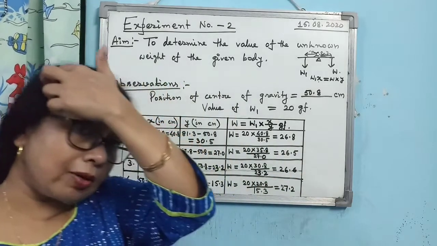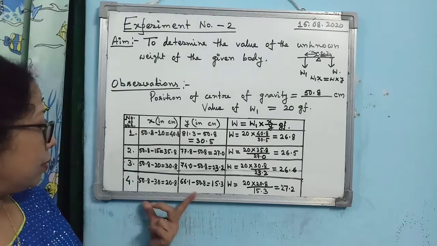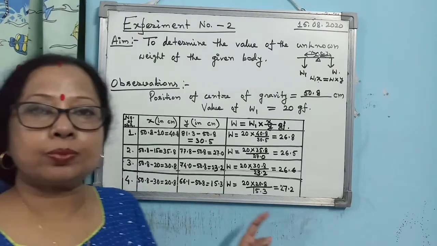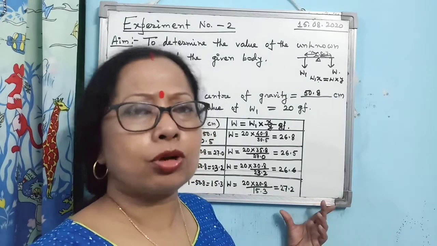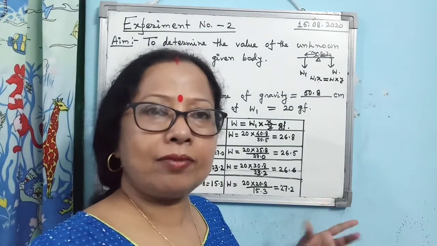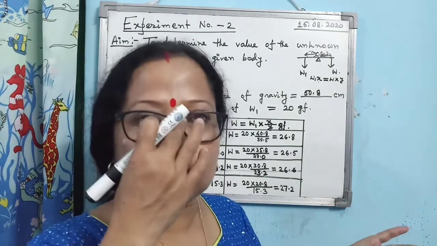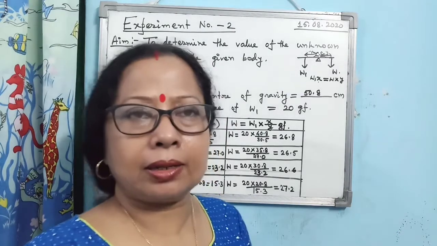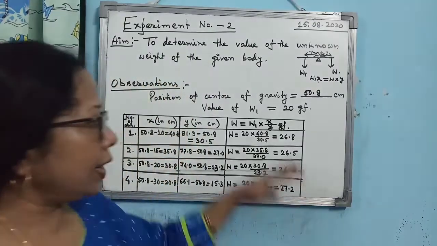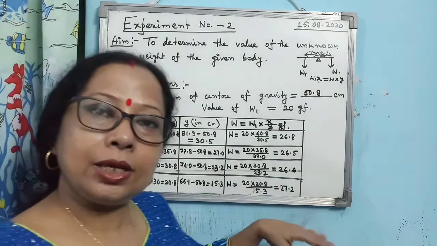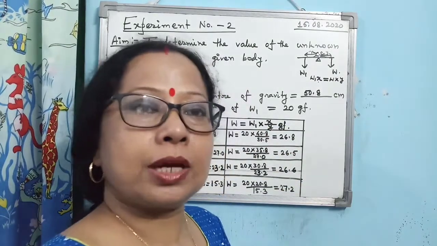But one mistake I have made, girls: in this experiment 5 observations are asked, but I have taken only 4 observations and already dismantled the setup. So it does not matter that instead of 5 observations I have taken 4, and you too write 4 observations only.